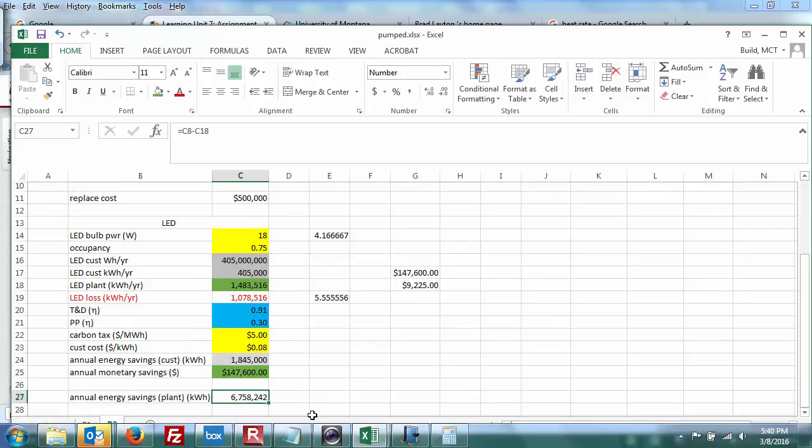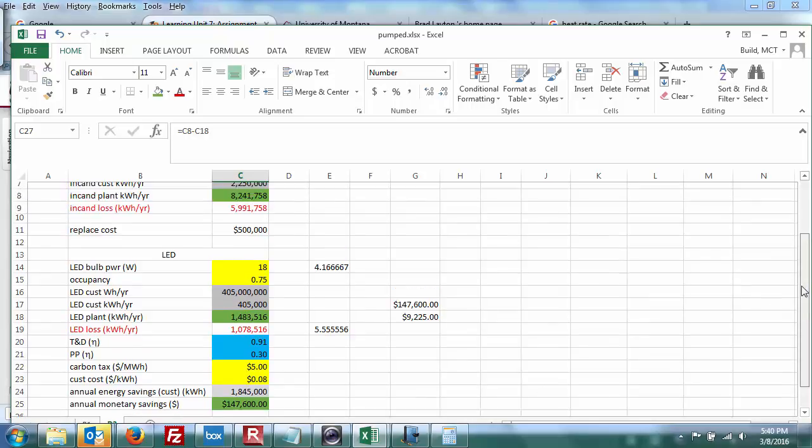The plant is going to save 6.7 gigawatt hours. And this is kind of small potatoes too. These are not giant plants, are they?